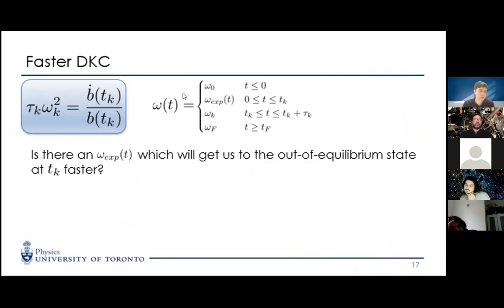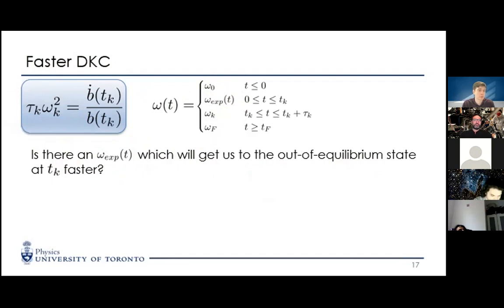All right. But now we can exploit this equation to maybe do something more interesting. This is a little bit more powerful than standard delta-kick cooling in that we can find this kick strength for an arbitrary expansion protocol. So in particular, we're interested in, is there some time-dependent trap frequency which will get us to our final state just before the kick faster than this free space expansion?